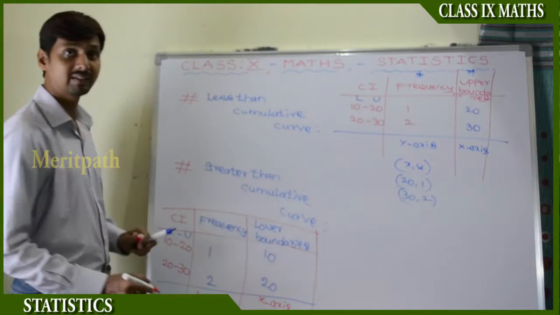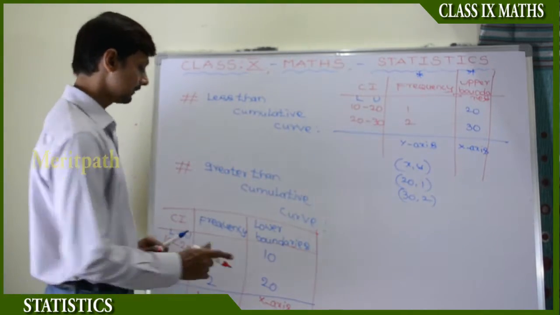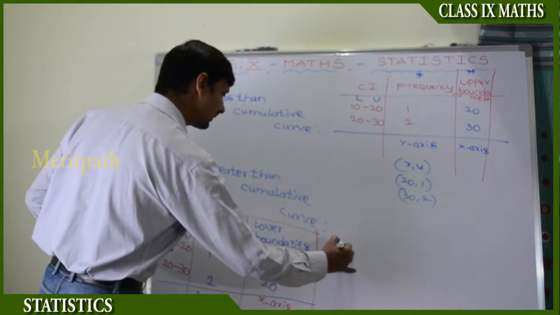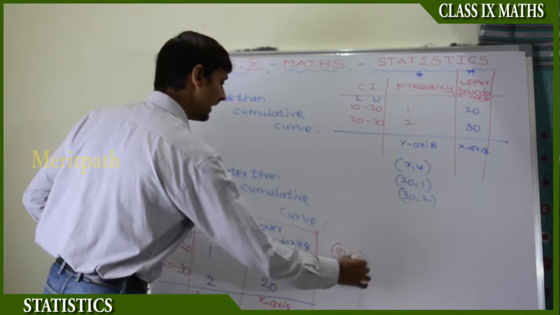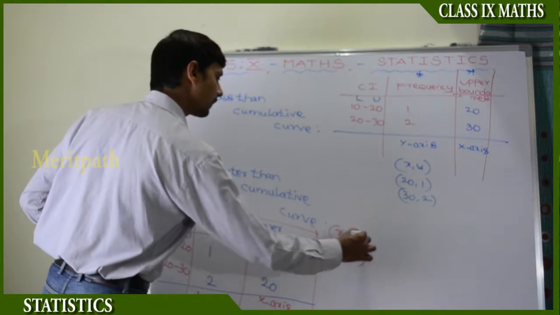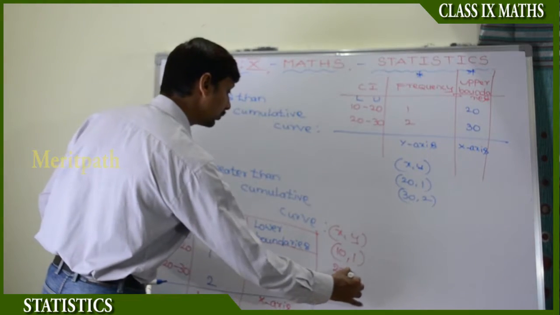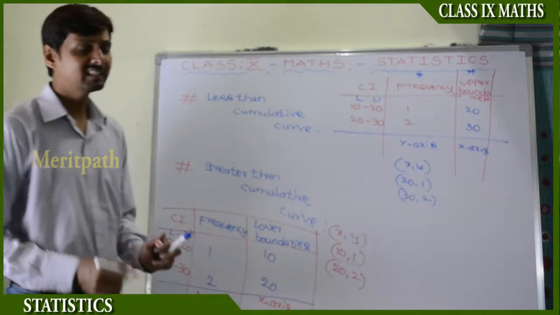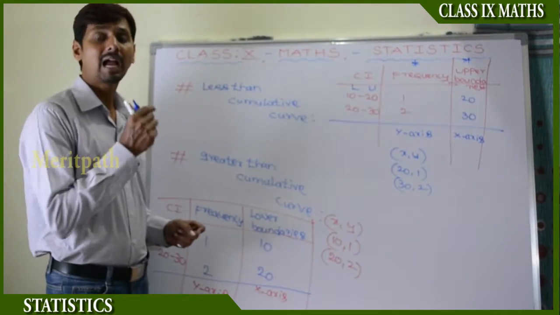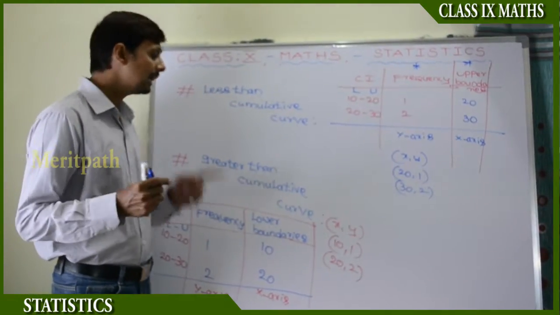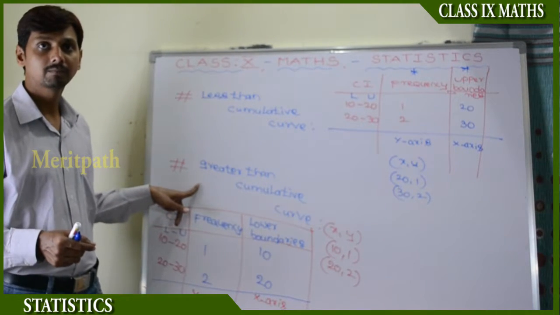So the points we'll get from these two are: x-axis is 10 and y-axis is 1, so x comma y, we take the point 10 comma 1, and the next point is 20 comma 2. Using these points, we plot them on the graph and join them with a smooth curve. That curve is called the greater than cumulative frequency.